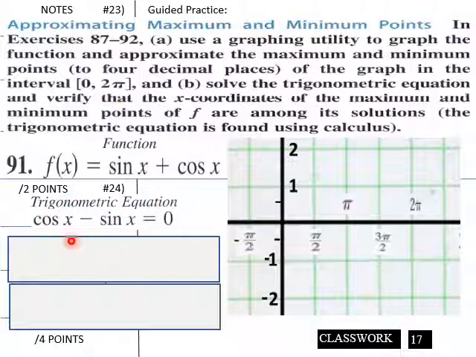So we have two parts here. A, using a graphing utility to graph the function, approximate the max and min points to 4 decimal places in the interval 0 to pi. And B, solve the trigonometric equation and verify that the x-coordinates of the max and the min points of f are among its solutions.